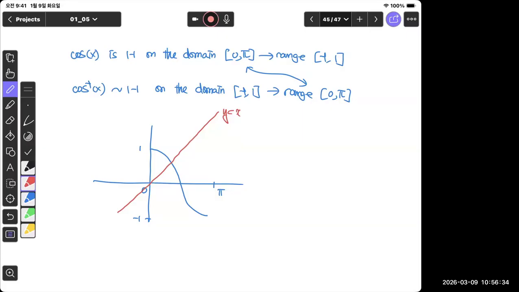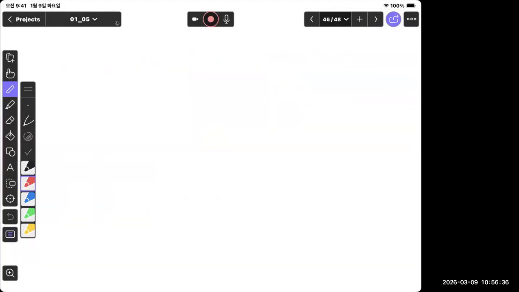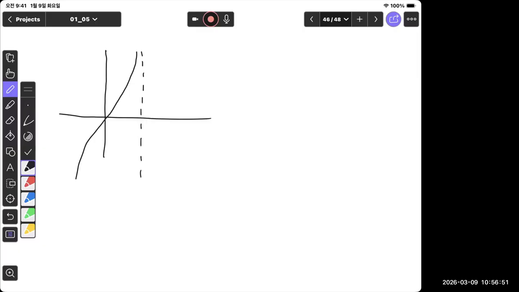In case of the tangent, tangent is not one-to-one either, but if I restrict the domain of the tangent to from negative half pi to half pi, please note that this differs from the sine function.